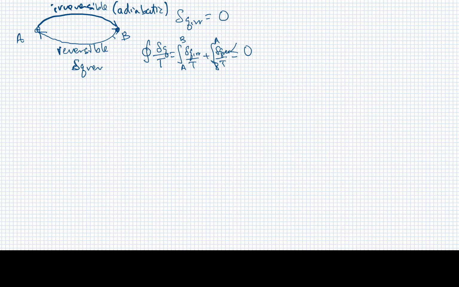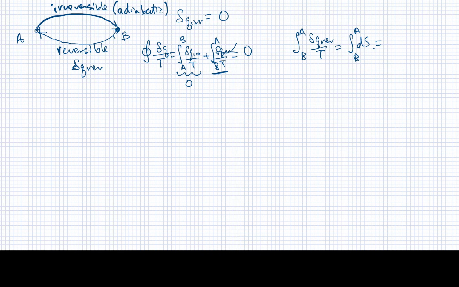And now what do I have? Well, this part I know is equal to 0. So I just have this part left. All right, but what is this part? What is this entity? Well, I can recognize that this thing that I've written in the integrand is just ds. That's how it's defined.